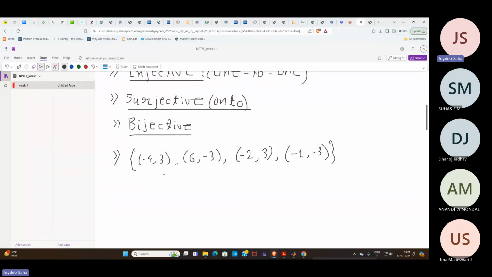These are 4 relations. And let us consider that the first element is from set A and the second element is from set B. So the question is, can we say this relation is a function?